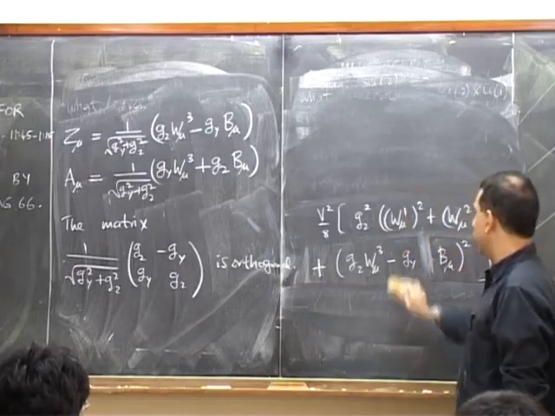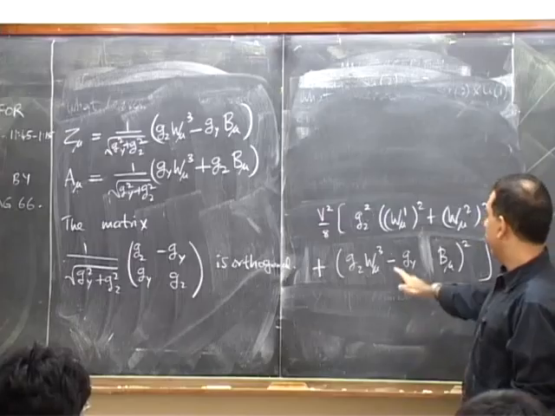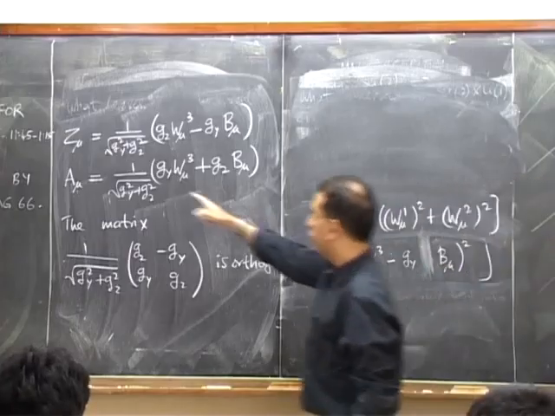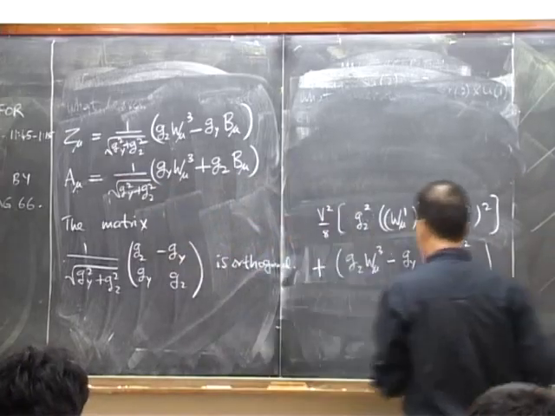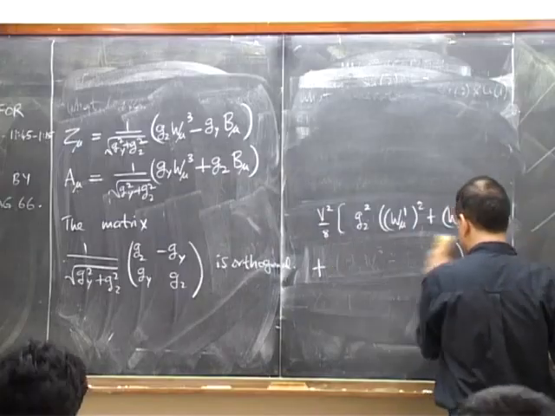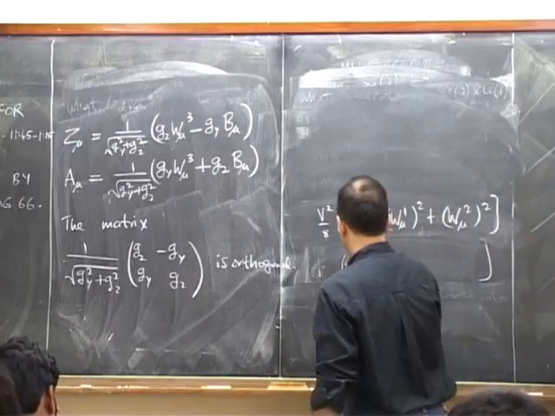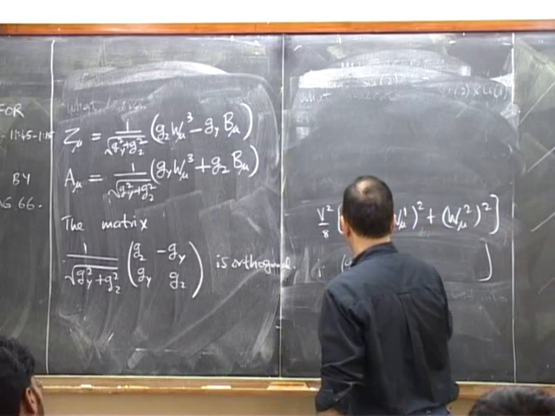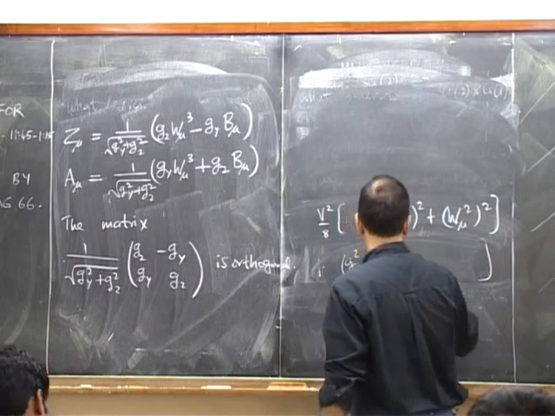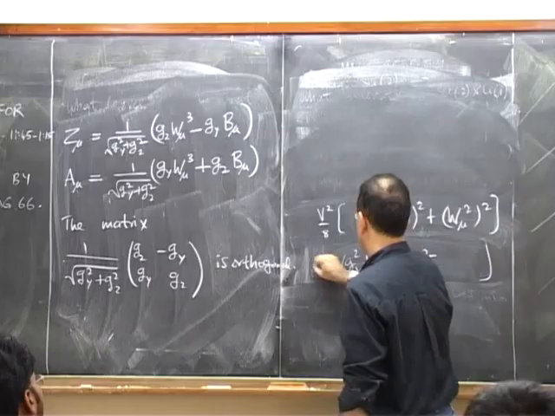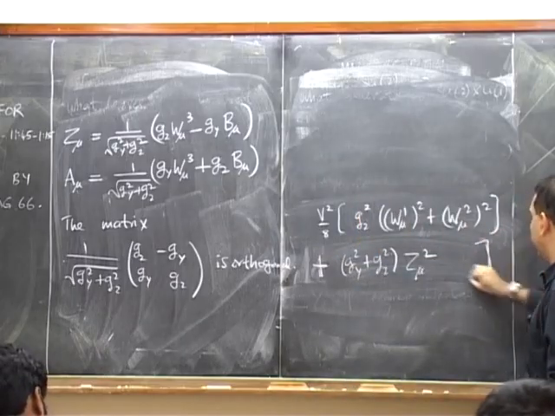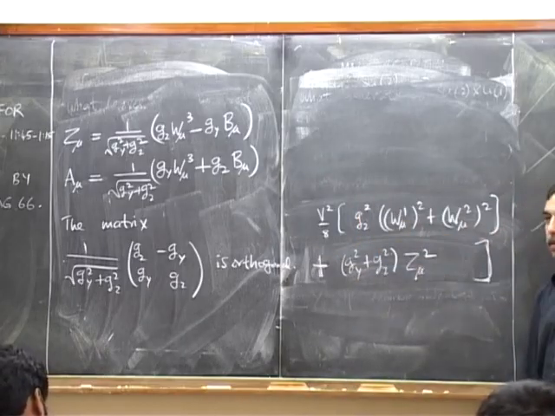And we've also decided that this is not exactly Z. Z_mu is this times this square root. And so this whole thing can be written as the square root of g_Y squared plus g2 squared times Z_mu, and everything is inside a bracket with v squared over 8 outside.